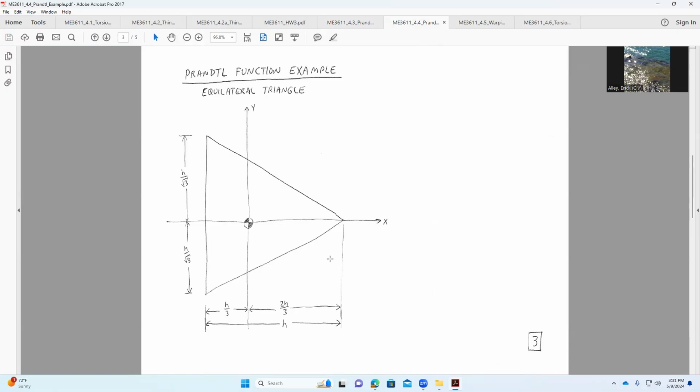Equilateral triangle. Looks even more fun than the last example we did. Little tougher, but not impossible to do. So let's give this one a try. What we're gonna have to do now is come up with one function for the Prandtl that is going to give us 0 on all 3 surfaces.